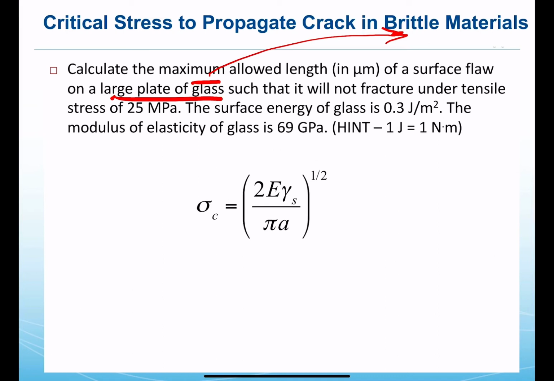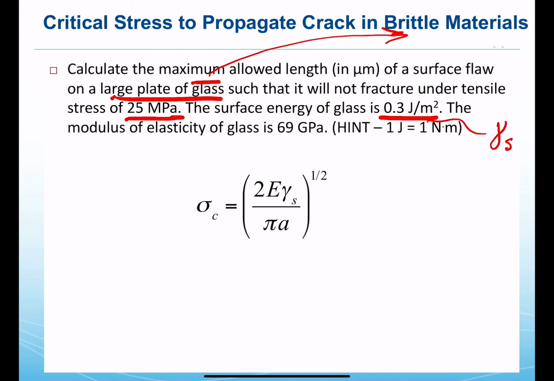And we want to allow the largest surface flaw such that it will not fracture under tensile stress of this value. So this is typical of materials challenge, where we know ultimate load or stress to be applied to a piece of glass, and of course we do not want it to fail or break or propagate that crack. We're given the surface energy of this glass, so it is 0.3 joules per meter squared. So recall that this is gamma S, the surface energy.